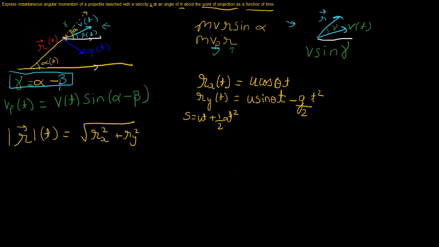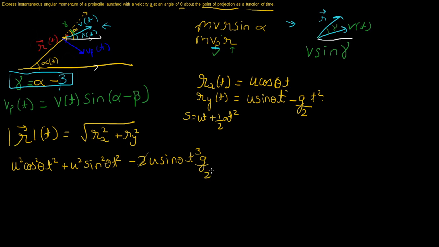Okay, so now let us square these and find the magnitude of the position vector. We get rx square is going to be u square cos square theta t square, and squaring the vertical part, let us use (a plus b) whole square. We have a square, which is u square sine square theta t square, minus 2ab, which is minus 2 u sine theta t cube into g by 2.